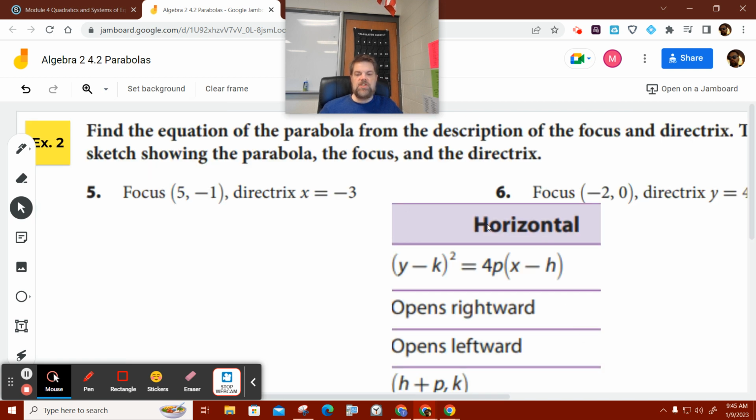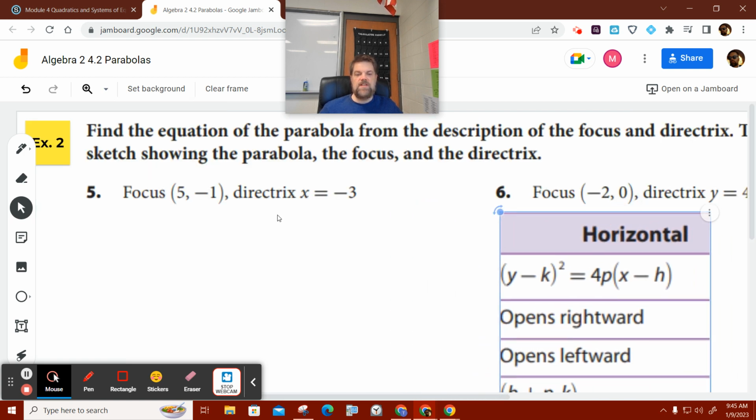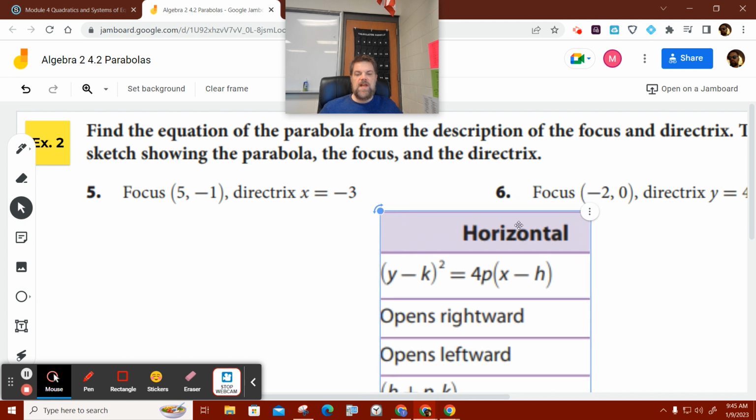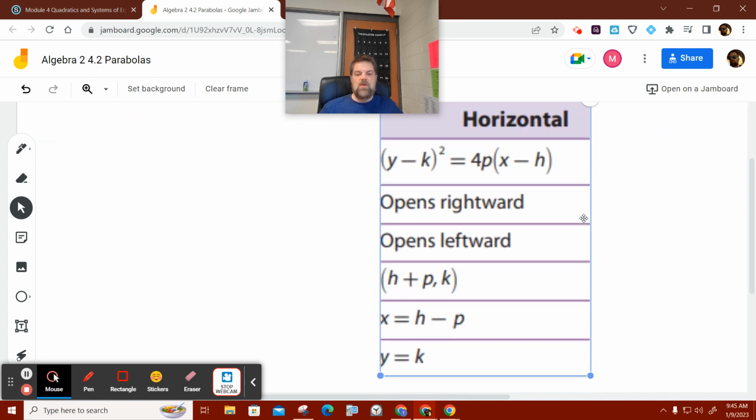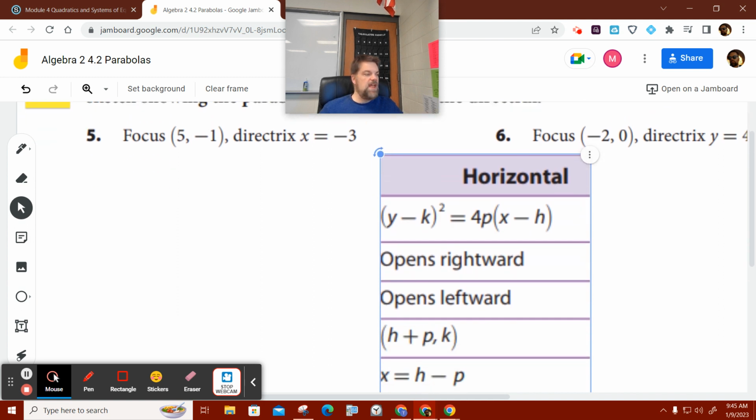So I need h and k, basically. I know that this is horizontal, and I need h and k. Well, h and k, the k value is equal to what? Well, let's talk about a bunch of stuff. The directrix, we know, is -3, right?